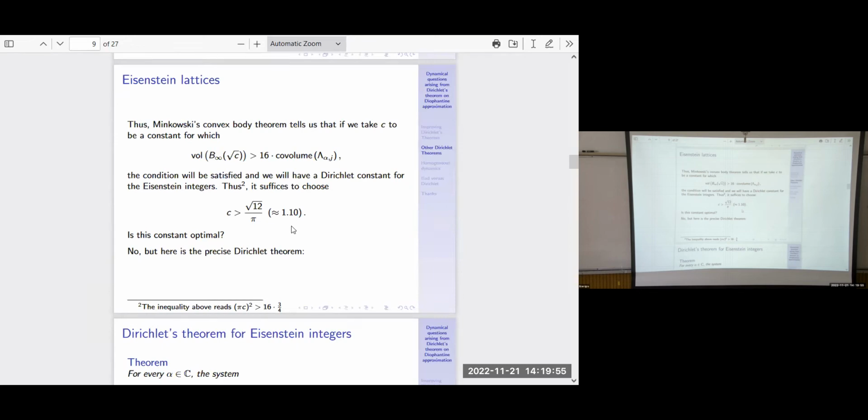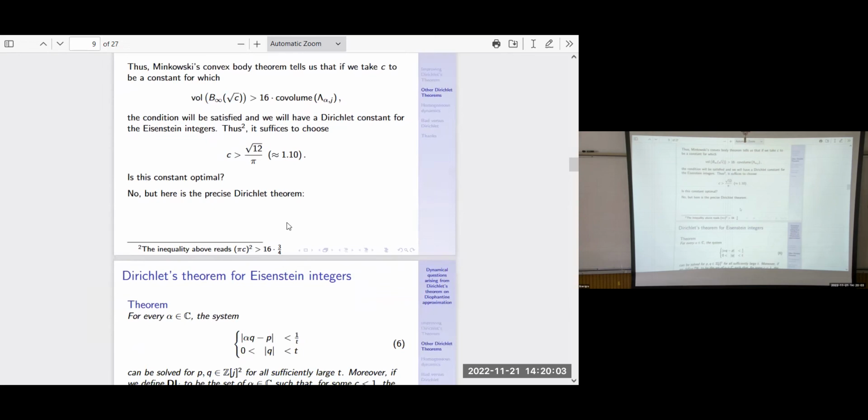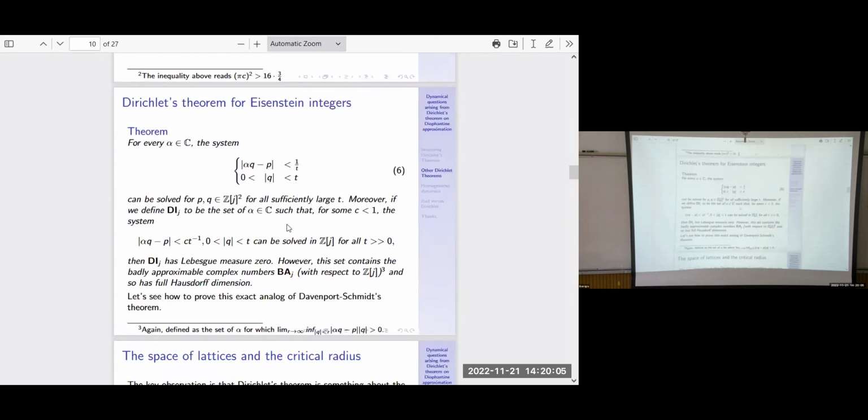Again, we won't do any work. We will stand on the shoulders of Minkowski again. Okay, so we're going to put together this new Dirichlet theorem without doing any work. Okay? And it's as good as Davenport-Schmidt's theorem. So yeah, maybe I can make a career out of this. Okay, so this is theorem.